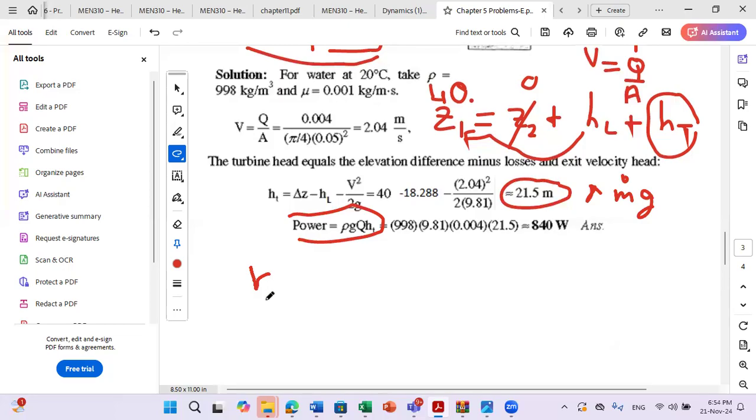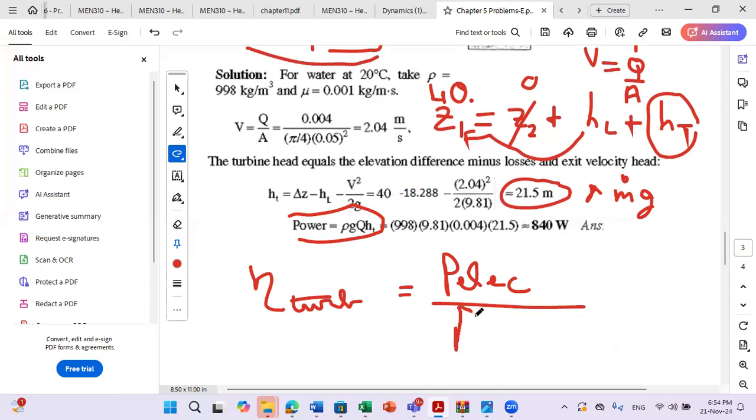So the turbine efficiency is equal to the electrical power produced by my system over the extracted power from water. And P extracted from water is evaluated as m dot g times H turbine. Okay. Any question on this?